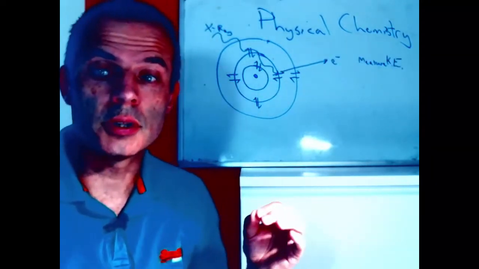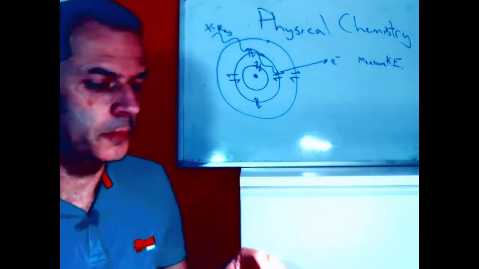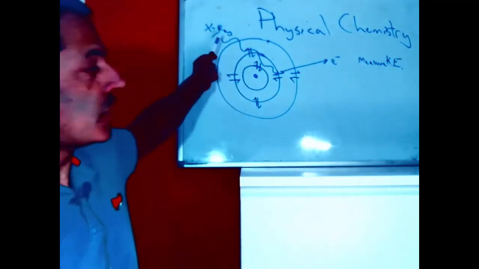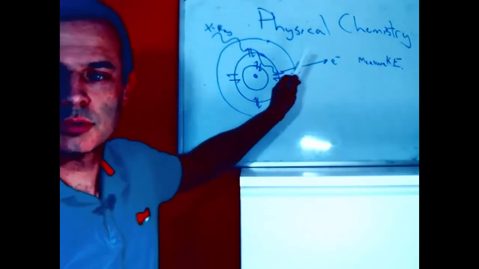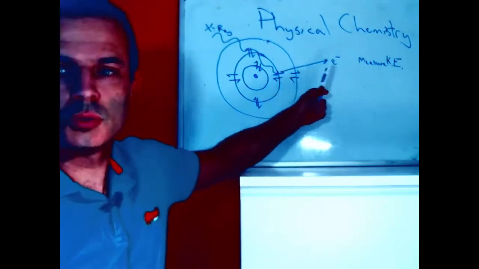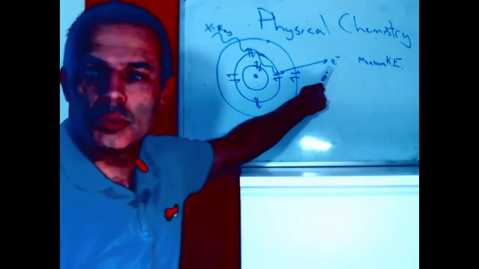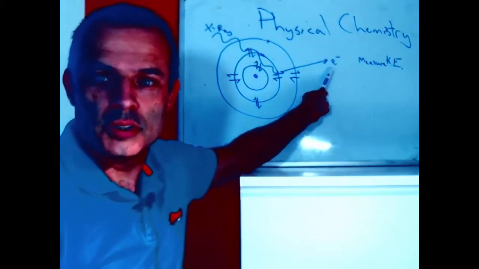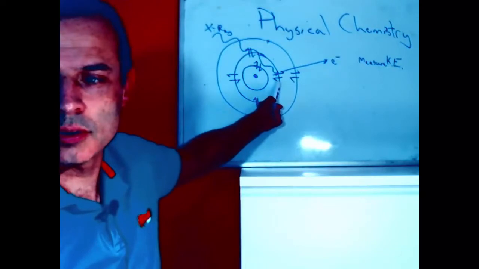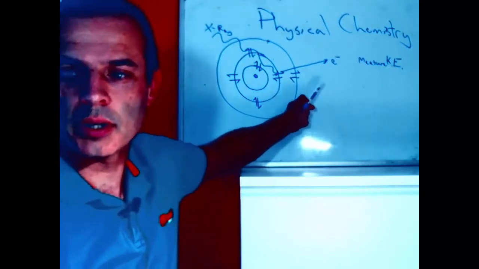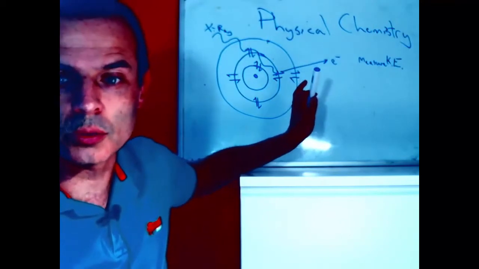So our first example would be called X-ray photoelectron spectroscopy, in which an X-ray coming in excites some kind of core electron and shoots it out. The electron comes out with a kinetic energy equal to the energy of the X-ray minus the energy required to get the electron from here to the vacuum state, outside the molecule or atom.